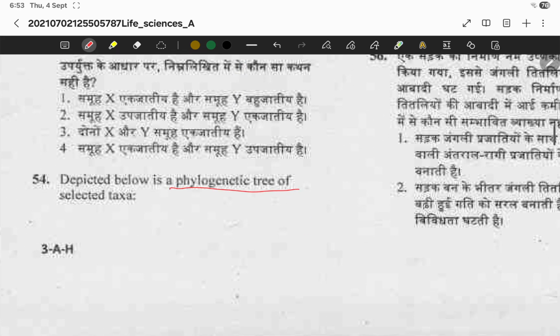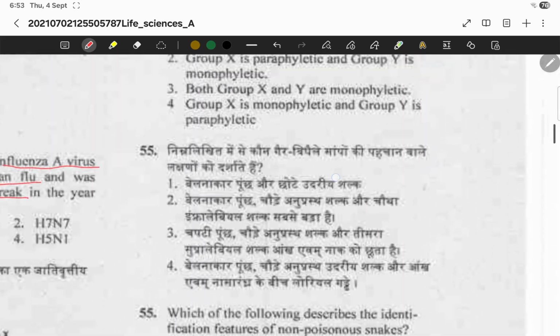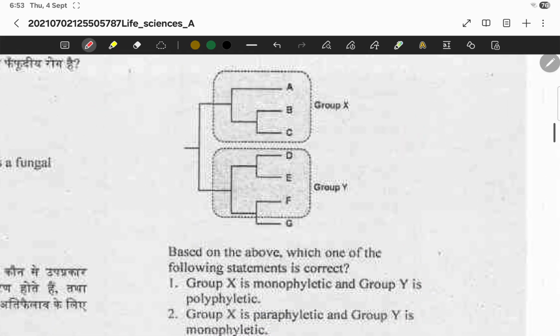In the below phylogenetic tree of the selected taxa, this is the taxa and the phylogenetic tree. So A, from this unknown place, it has arisen, and they depart from here, and then they part here, and A is becoming something, and then there is departure and diversion or whatever the word is.